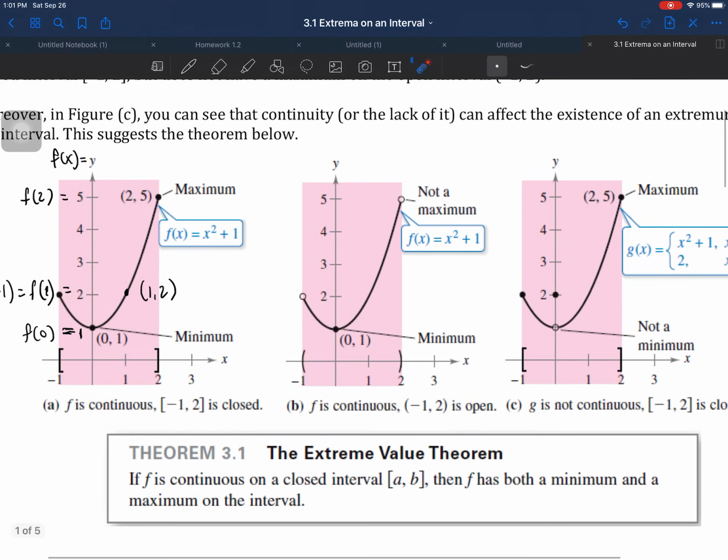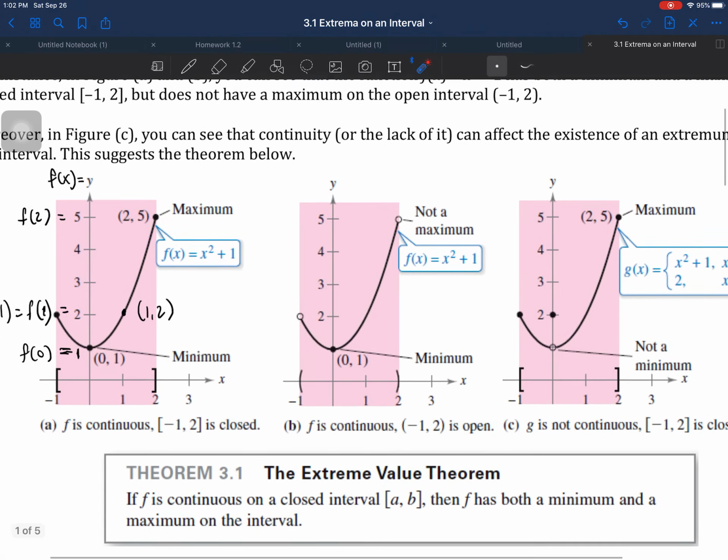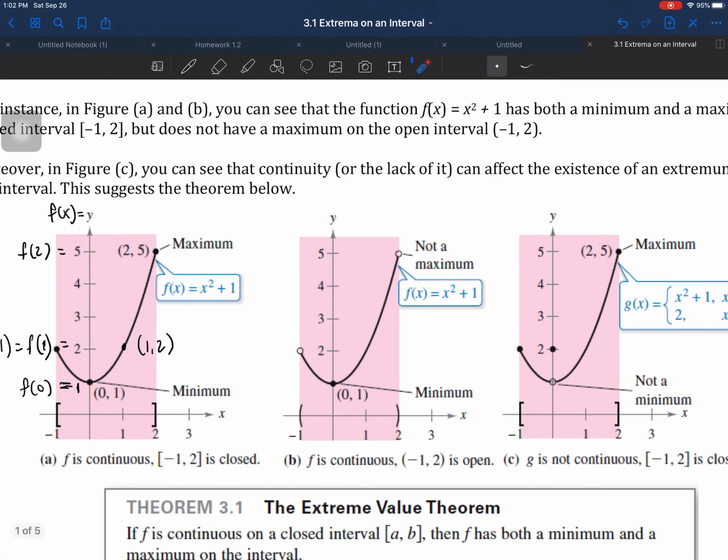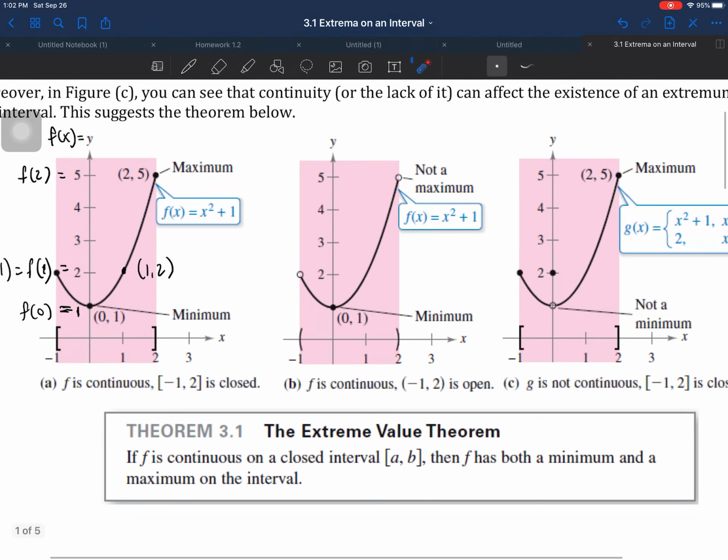So now let's ask this question: what requirements are needed in order for us to guarantee that there is an extrema value in the function?